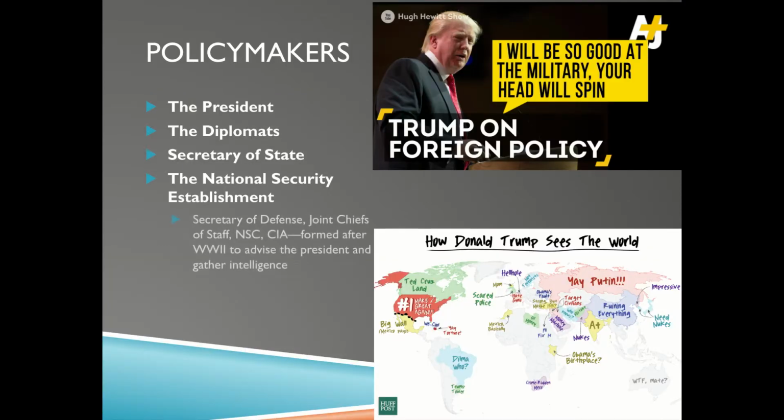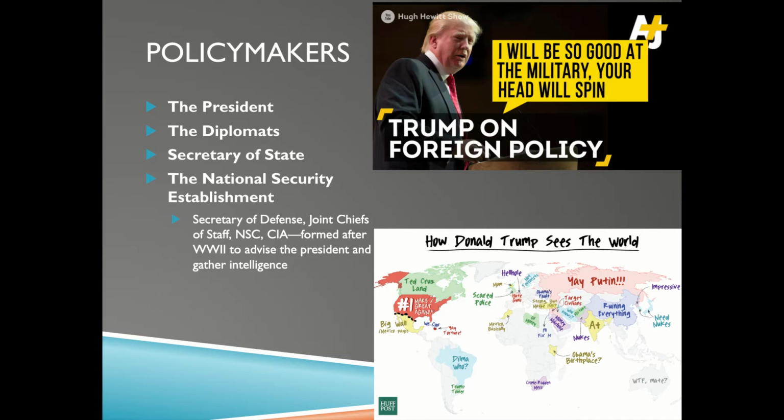All right, so policymakers, the people who make our foreign policy in the United States. The first one is the president. The president is the head of foreign policy. It's one of the roles of the president, one of the hats of the president. The diplomats, the people that the president appoints. Secretary of State, the national security establishment as well. The national security establishment is the Secretary of Defense, the Joint Chiefs of Staff. There's a Joint Chief for every branch of the military.